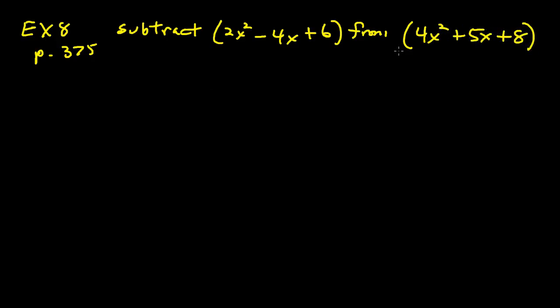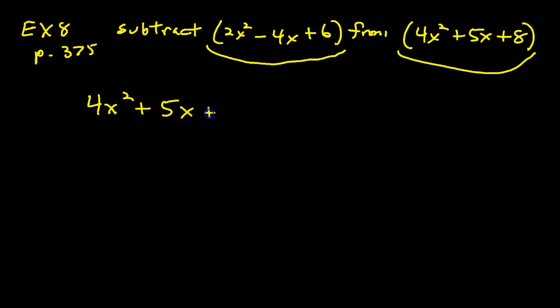That means I'm going to start out with this expression and subtract this expression. Let me write this out in a column fashion: 4x squared plus 5x plus 8. And from this, I want to subtract this expression, so I'm going to say minus 2x squared minus 4x plus 6.